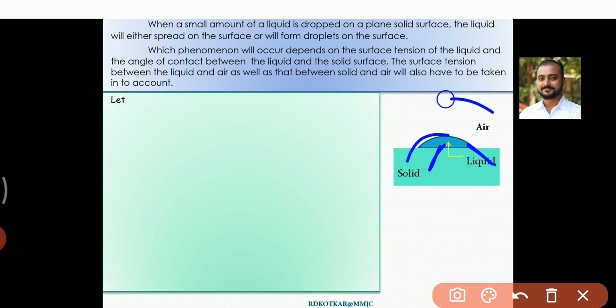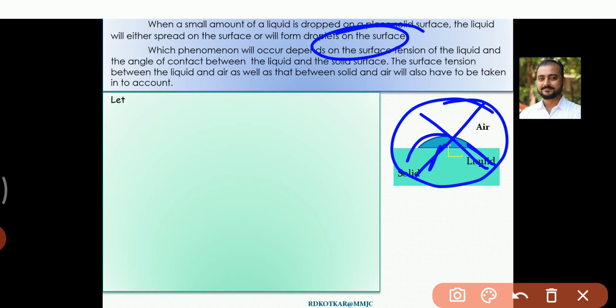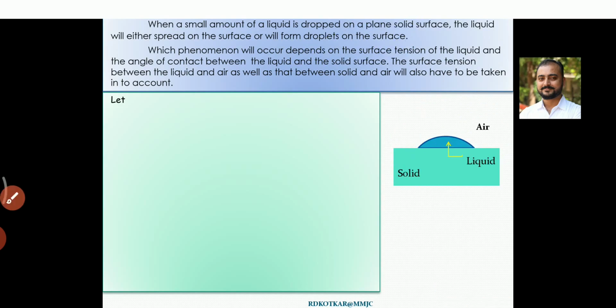So the surface tension between all these three parameters decides the formation of the liquid drop. Here we consider a solid surface on which we put a liquid drop, which is shown here by the yellow arrow.